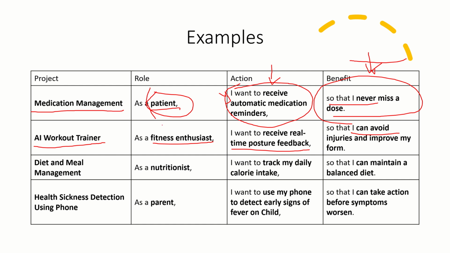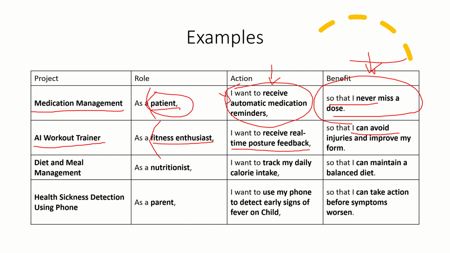So you can see fitness users have different levels: beginner, middle level, high level. They have different actions they want to take and different benefits. This is something you need to think about.